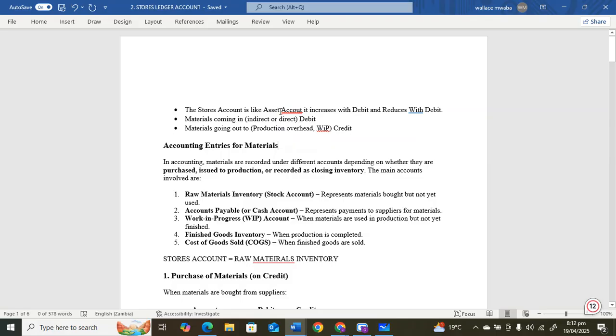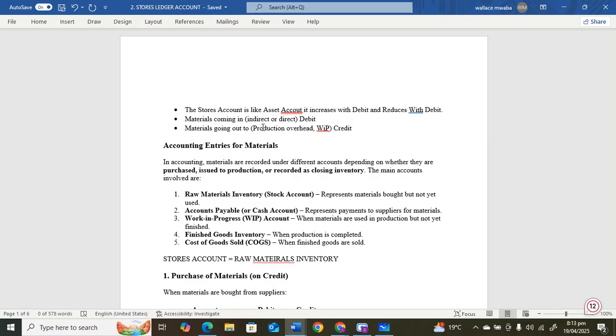If any materials are moving from the stores account, you take it like a decrease in an asset, and you're going to credit. So materials coming in, either direct or indirect, you debit. Materials going out, you credit. Just remember those two things, especially for the stores account.